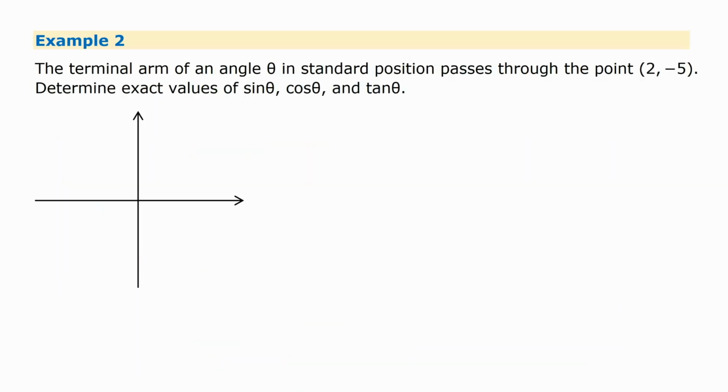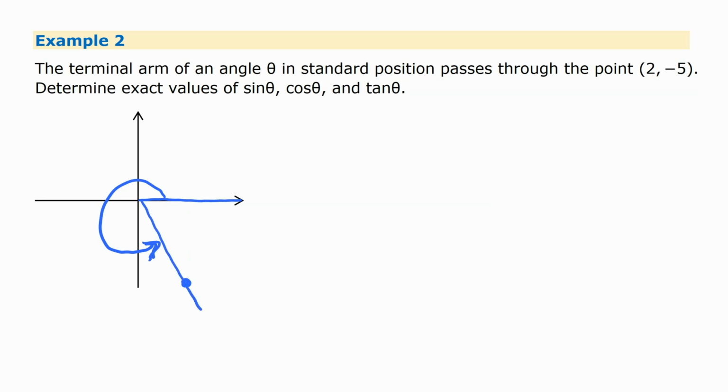In this one we're looking for an angle in standard position, this time passing through the point 2, -5. We're going to draw a diagram just the same way. 2, -5 is going to be in quadrant 4 down here. Our angle again starts there, goes around like this, and has its terminal arm right there.